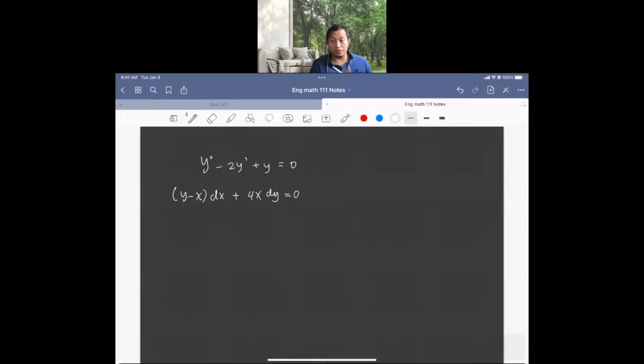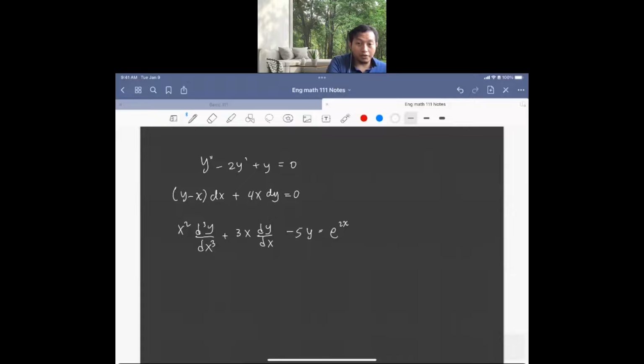We are not solving anything; we just try to classify, and our job today is just to classify. And the other part is x squared d3y/dx cubed plus 3x dy/dx minus 5y equals e to the power of 2x.